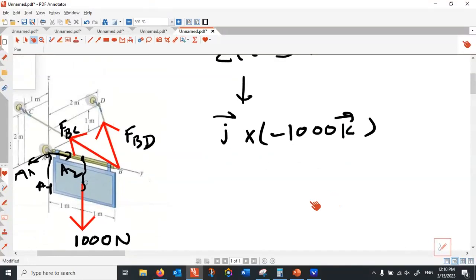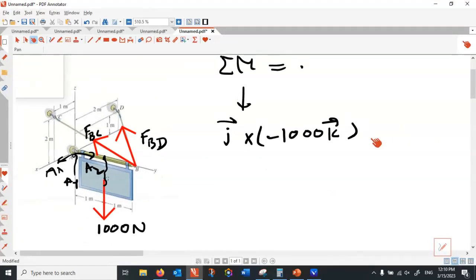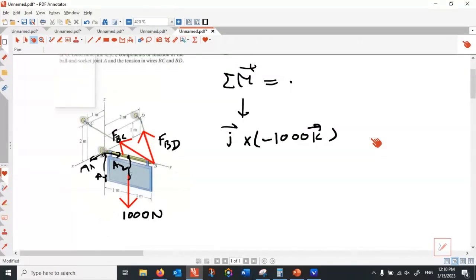Okay, the next one is, how do I include FBD? I'm taking rotation with respect to A. That would exclude AX, AY, AZ. They won't make any rotation. And now both FBC and FBD share the same position vector, which is AB.